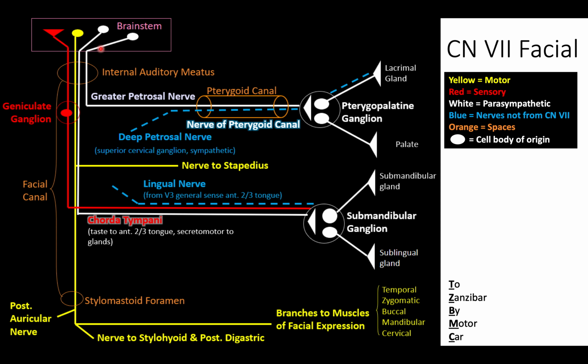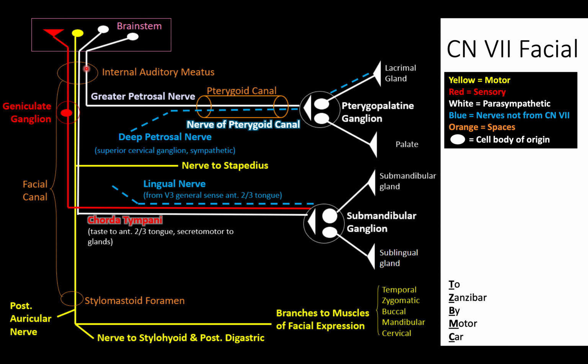So let's go to white, the parasympathetics. We already said that it's going down through the internal auditory meatus, traveling to go with the sensation and be called the chorda tympani. It continues on to that submandibular gland, providing that secretomotor function to the gland, and going to the submandibular gland and sublingual gland.